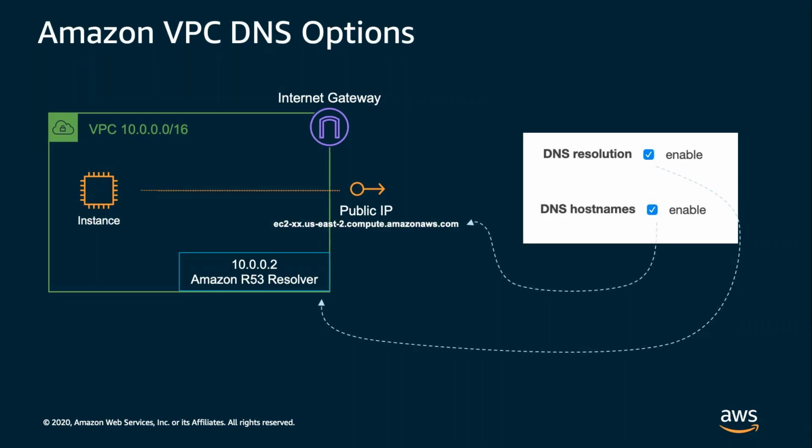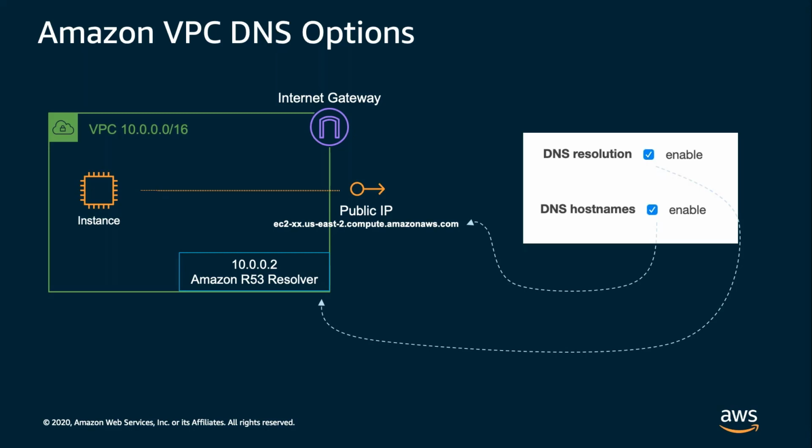The second option here is for DNS host names. So we can see we've enabled that as well. And what that will do is anytime we spin up a new EC2 instance, it'll provide a host name. So here we can see we have EC2-XX, that would be the number, use ec2.compute.amazonaws.com. This provides a way for us to have a public DNS entry for the public IP address.